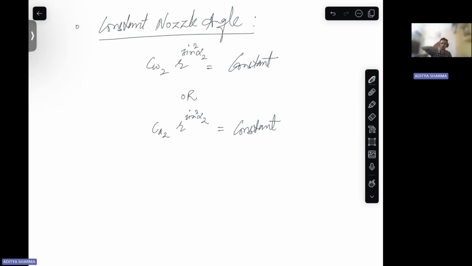So you have your nozzle, and you want the axial flow, the radial distance and this alpha 2 to be such that for different radial directions the left hand side has to be constant for a constant nozzle angle.